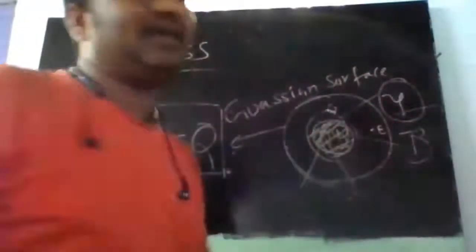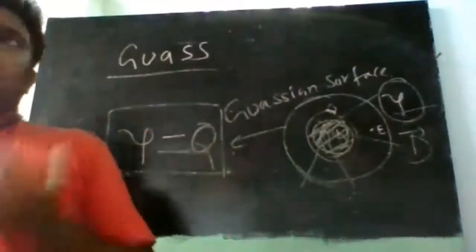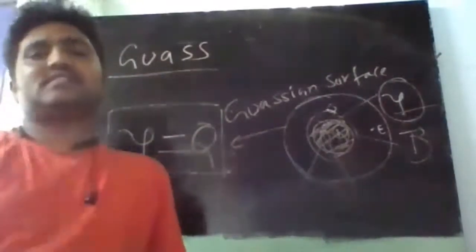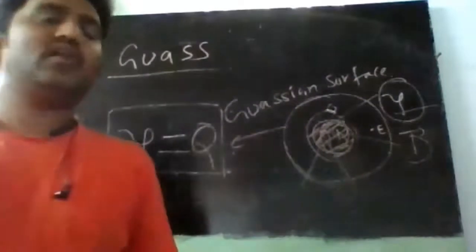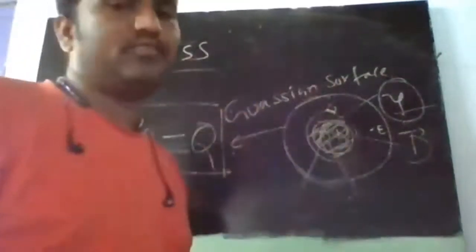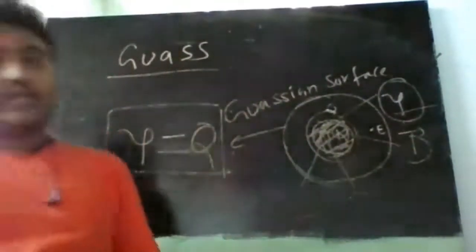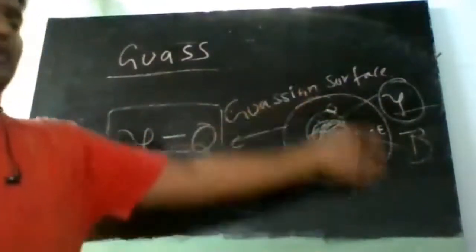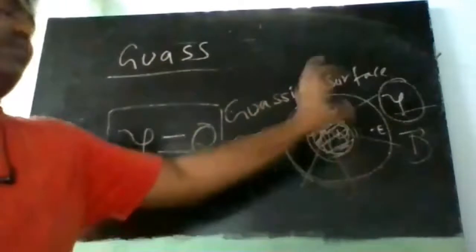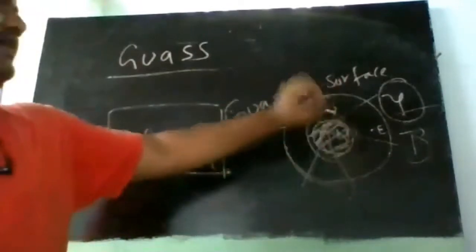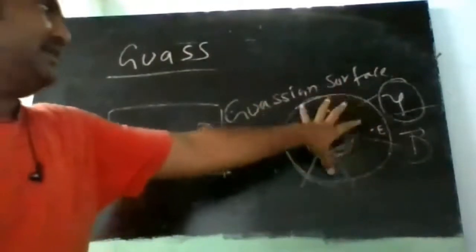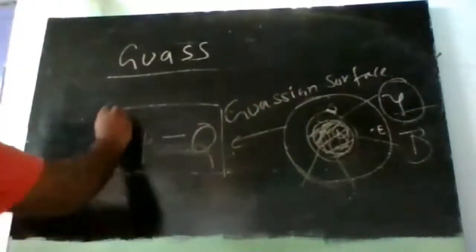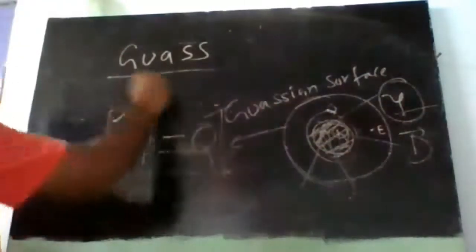You can take a normal surface and calculate the flux density, or calculate the total flux coming out of the entire object. If you know exactly what the flux coming out of this q is, then I can equate this flux to the charge. Psi will be, or q will be taken as psi itself.